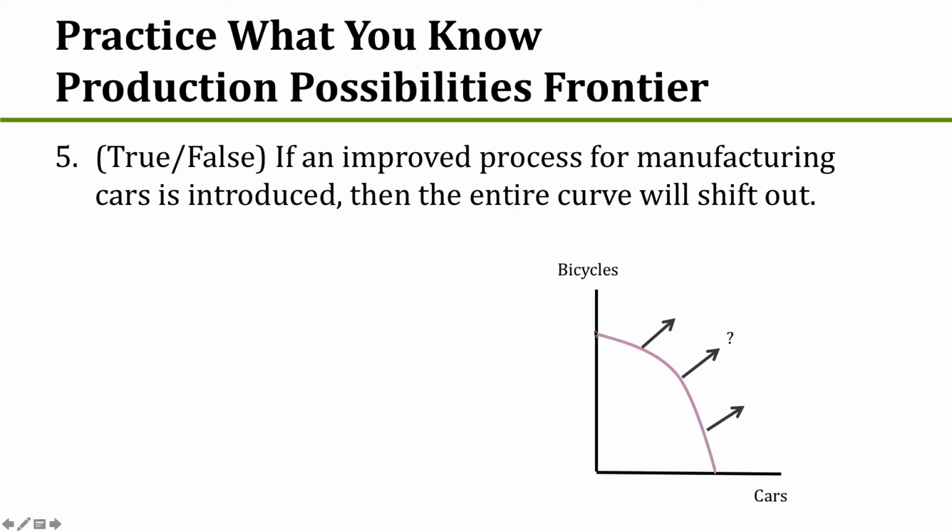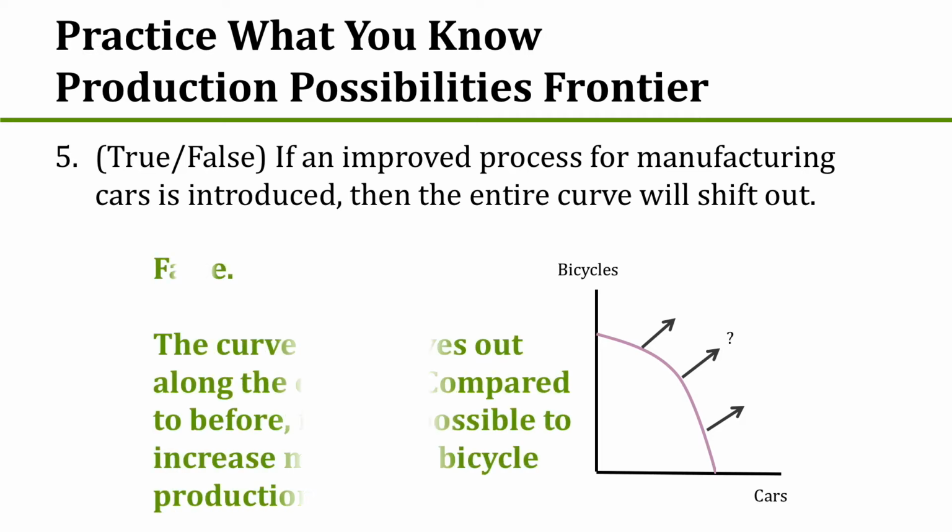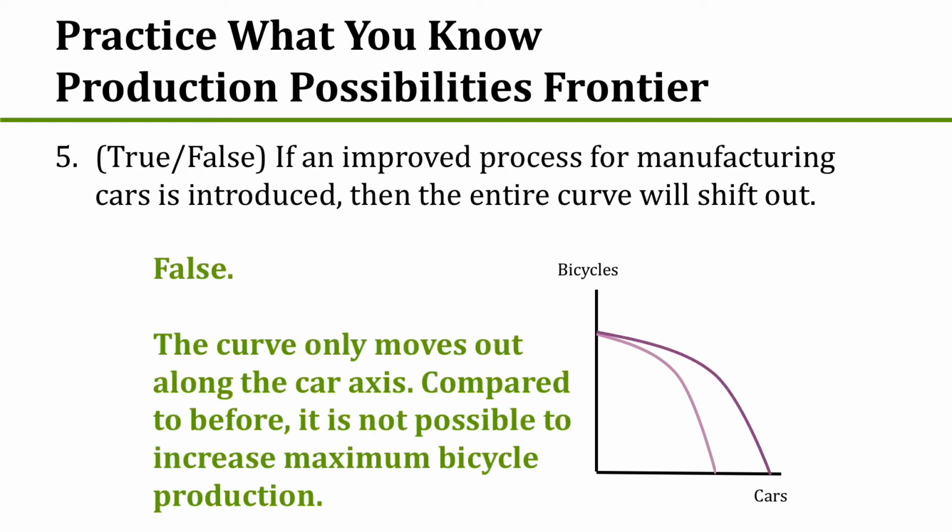It will stay the same. So the PPF will shift from one side only, and the final PPF will be something like that. That's why this statement is false also.